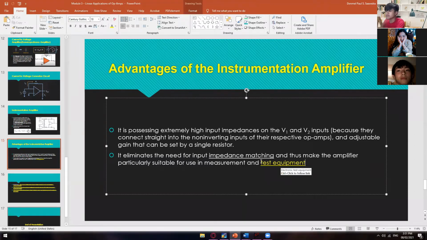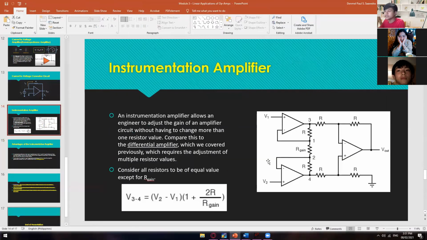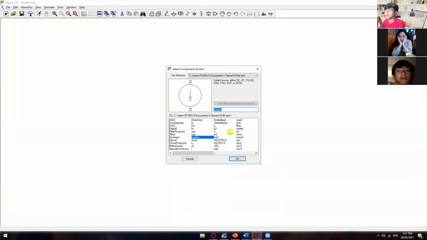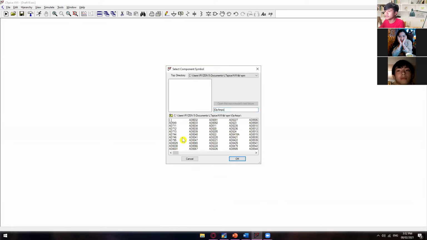All right, so using this circuit, let's create this one on LTspice. Let me just erase this one and maximize this. Of course, we need an op amp, which is still the OP07.